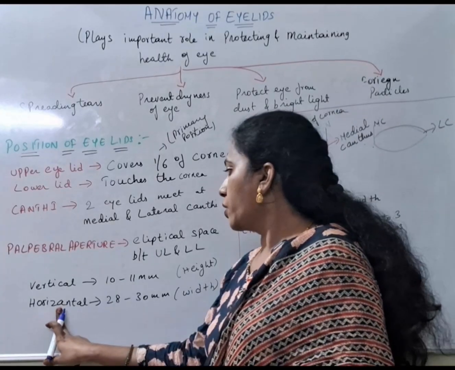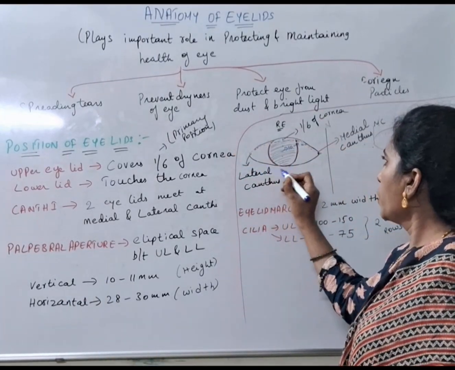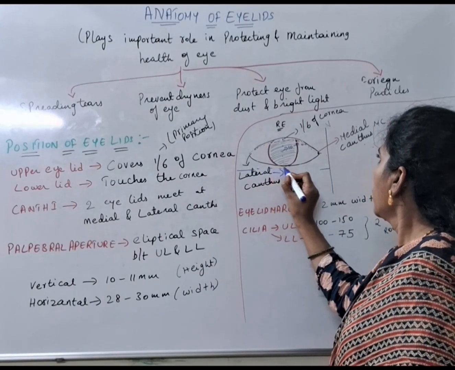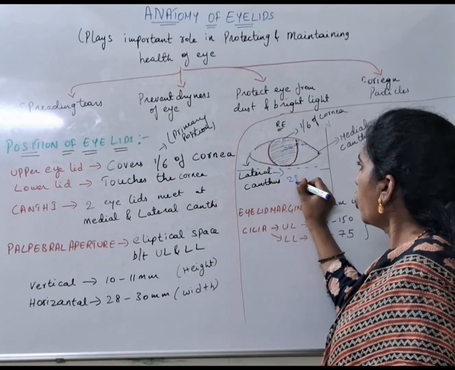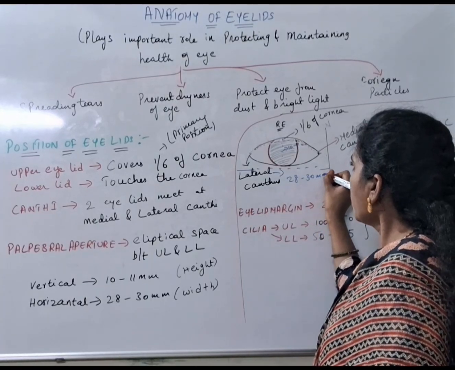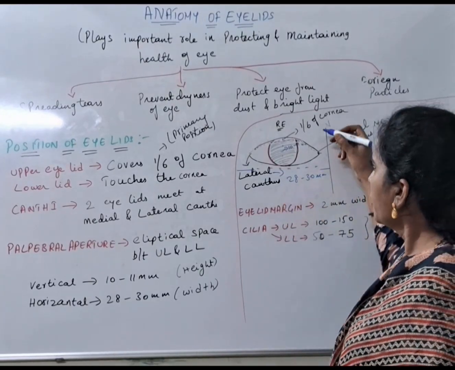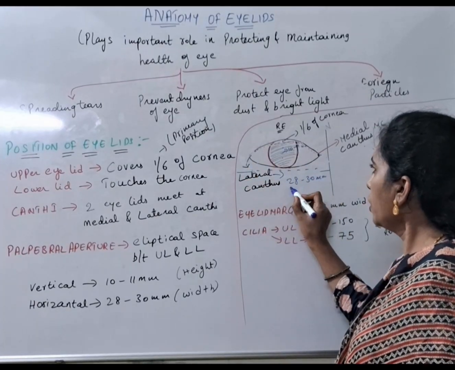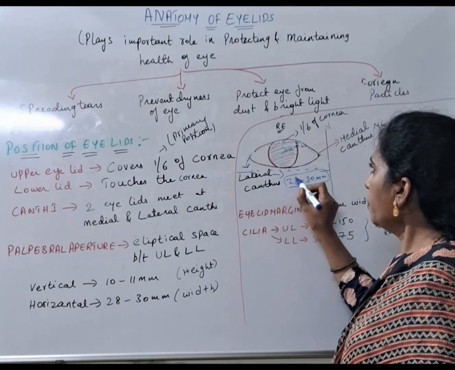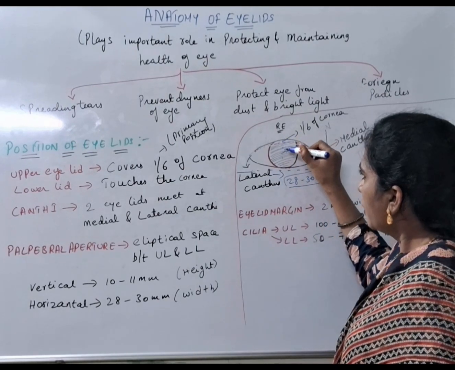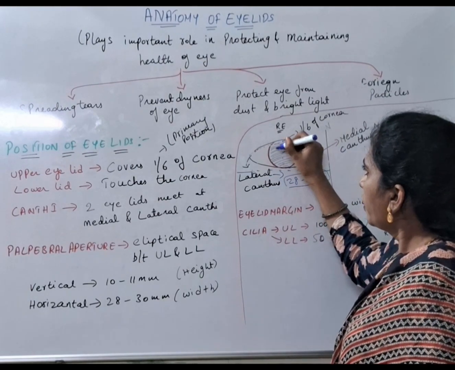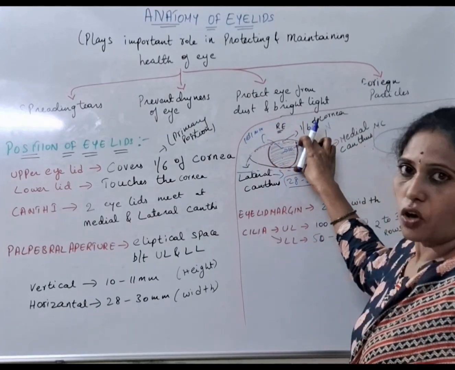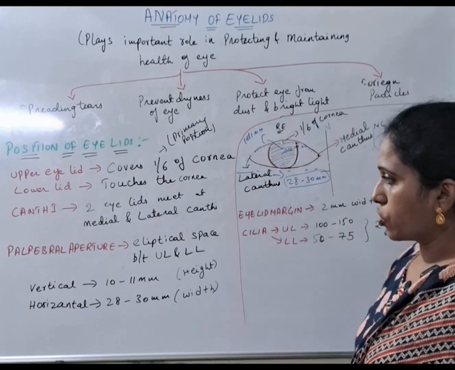And the horizontal length, from here to here, in adults should be around 28 to 30 mm. These are the normal measurements for an adult individual.